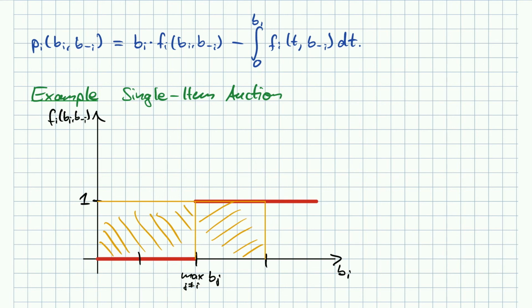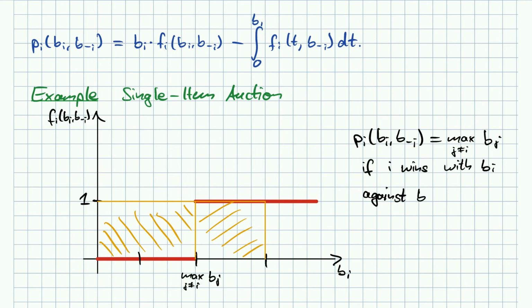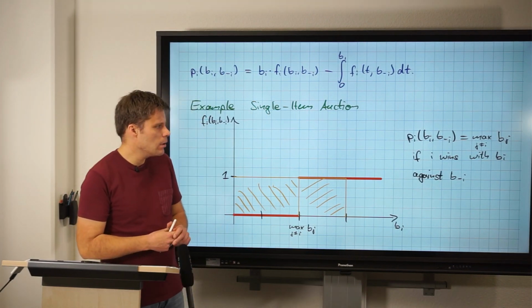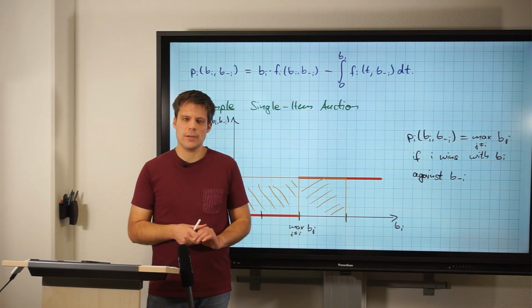So then pi of b_i comma b_minus_i will be the maximum other bid if i wins with b_i against b_minus_i. And this, I hope, looks familiar, because this is exactly the second price auction.